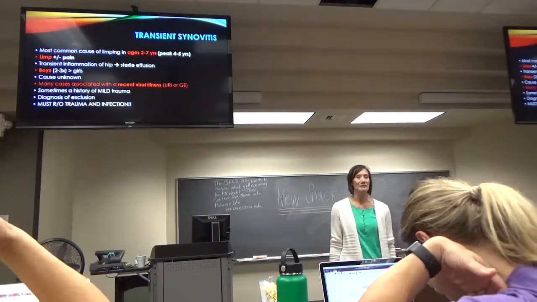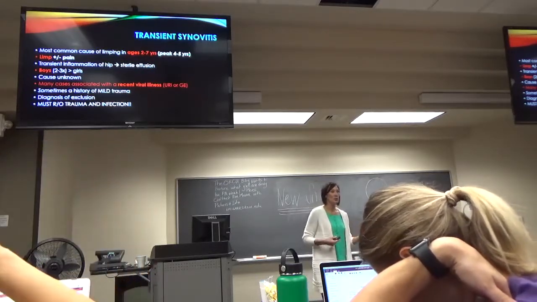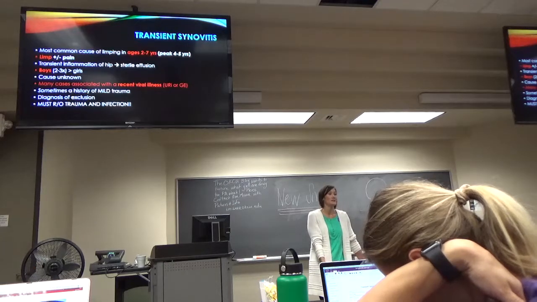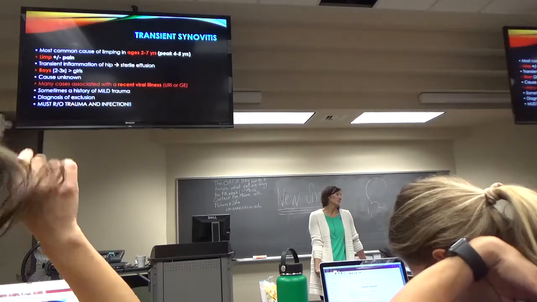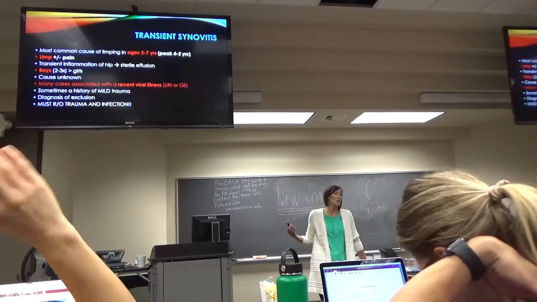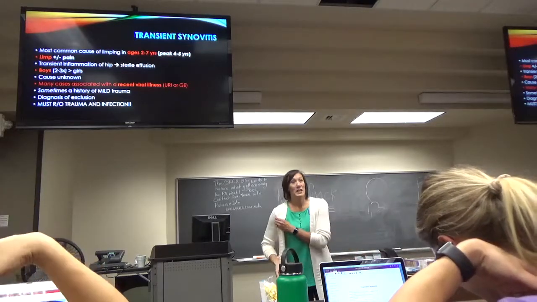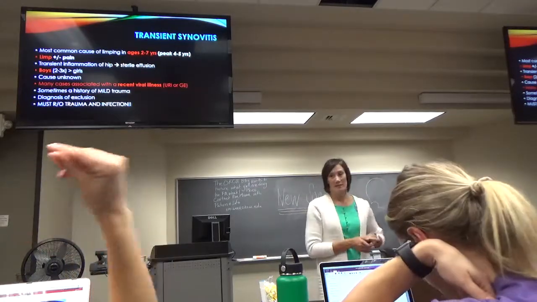If the mom says my kid fell down the stairs and injured their knee, that's traumatic injury. But if the kid comes in limping for no known reason, I wouldn't ask unless they tell you they hurt themselves, because they'll find something they did, but it probably is this.